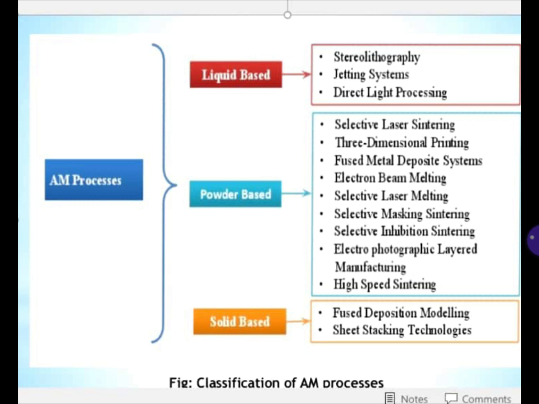One is the selective laser sintering process, the three-dimensional printing process, fused metal deposit system, electron beam melting, selective laser melting, selective masking sintering, selective inhibition sintering, electrophotographic layered manufacturing, and high speed sintering.